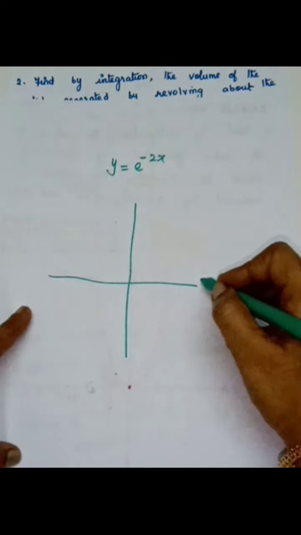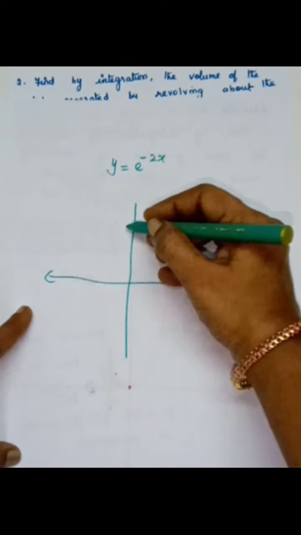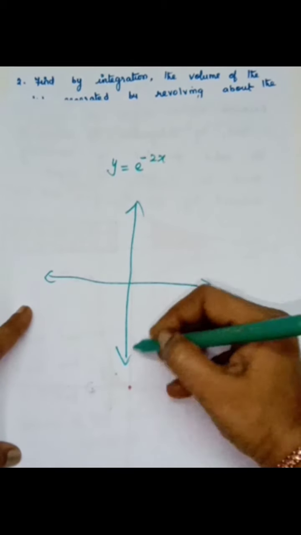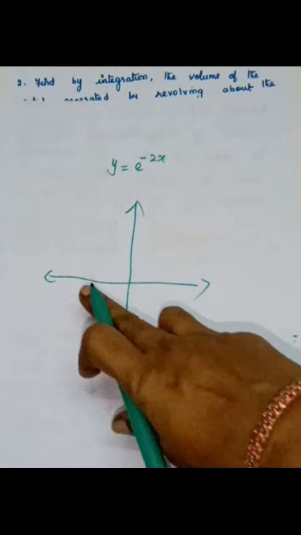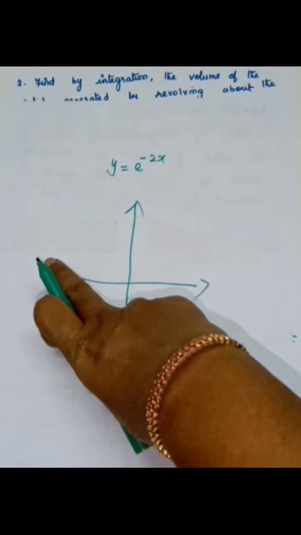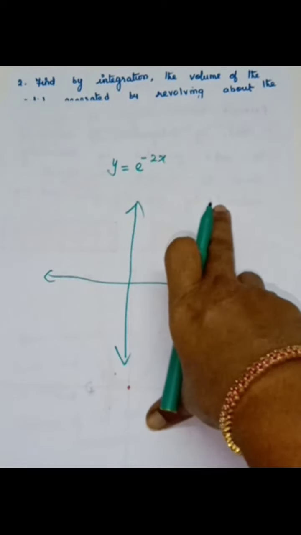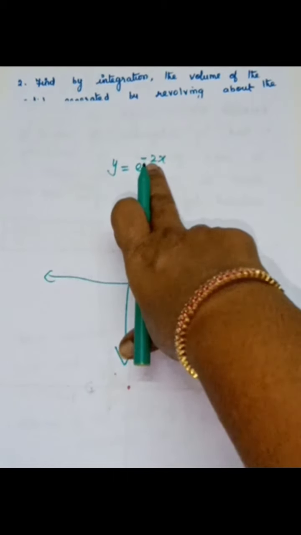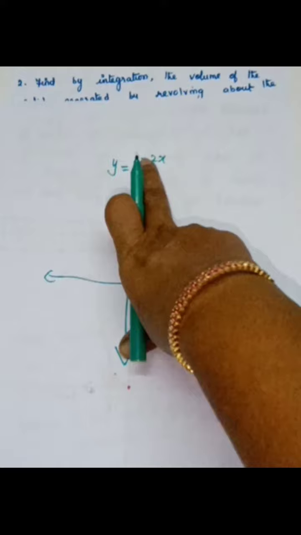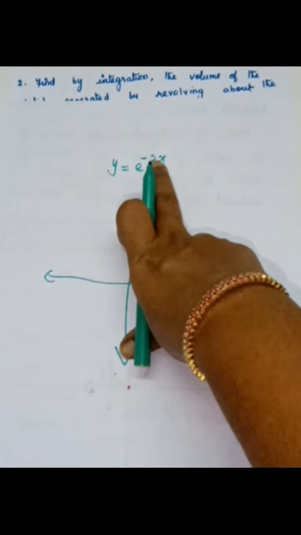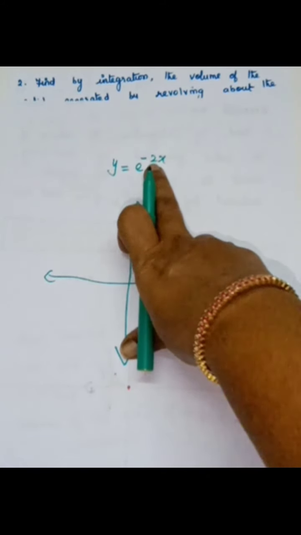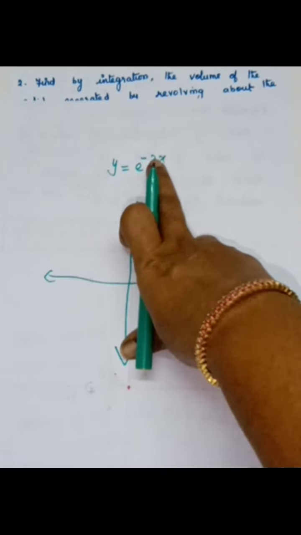You see now, x-axis and y-axis are drawn. The curve touches the y-axis at 0 comma 1. But the power is negative. If you give positive values to x, it will be e power minus 2, and if you give negative values, it is positive.